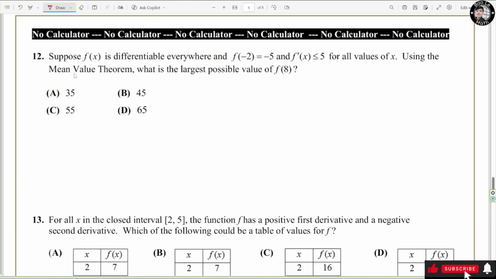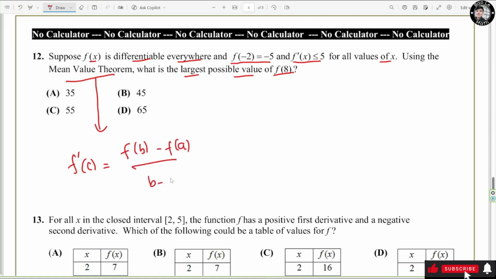Now question 12. Suppose f is differentiable everywhere and f of -2 equals -5. F prime of s is less than or equal to 5 for all values of s. Use the mean value theorem. What is the largest possible value of f of 8? Now we know that the mean value theorem is given by the formula f prime of c equals f of b minus f of a over b minus a.